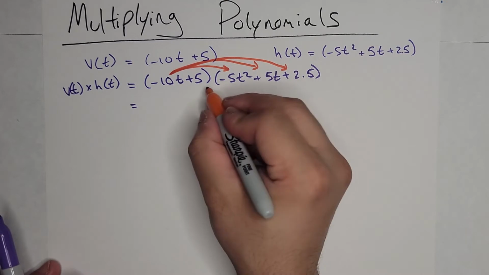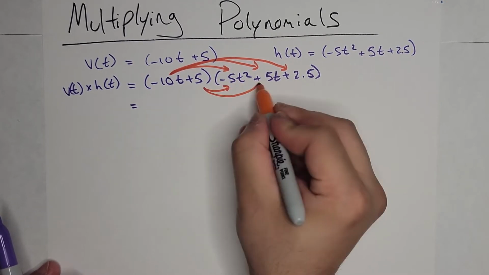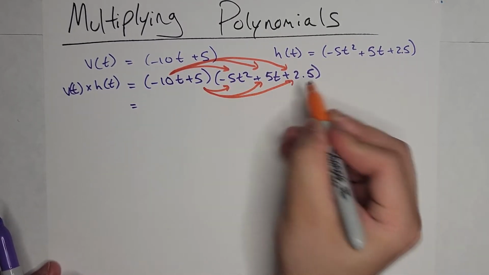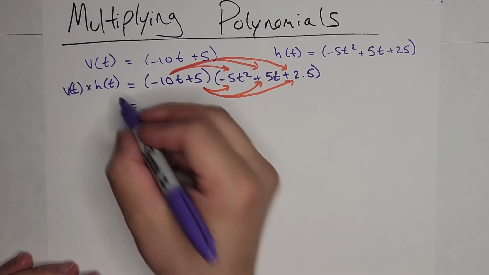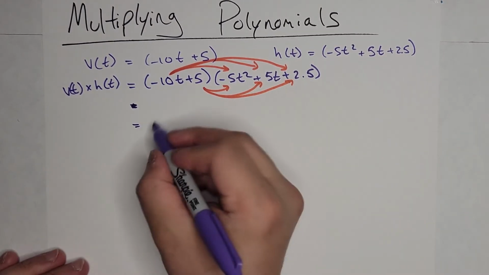And then it's going to go in like this, the 5. So let's write that out.